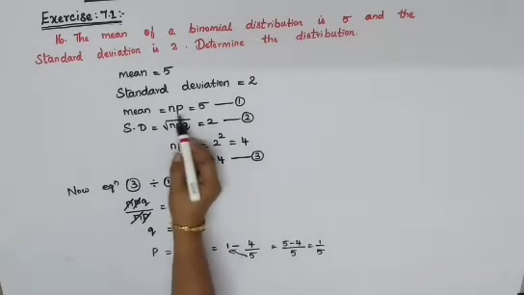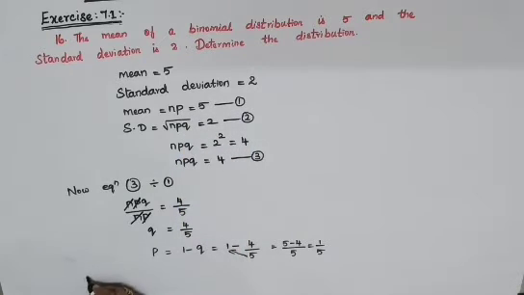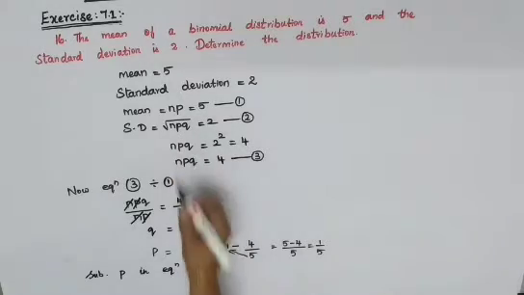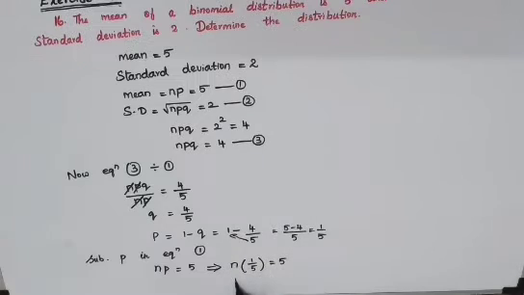To find n, you can substitute the value of p in equation 1. So np is equal to 5, that implies n into 1 by 5 is equal to 5. So n is equal to, take this 5 outside.